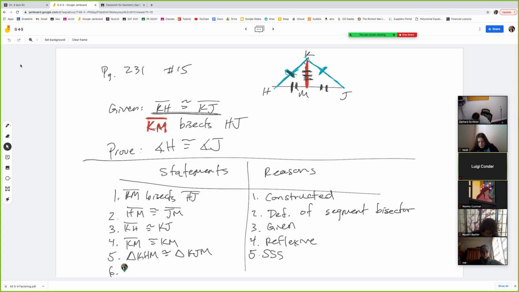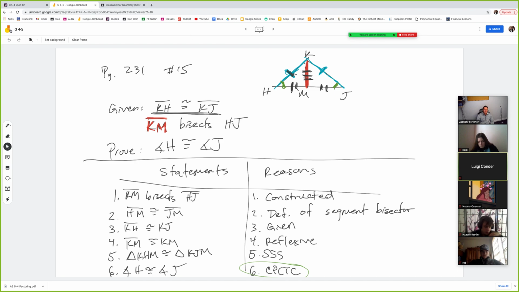So you can say angle H is congruent to angle J because of CPCTC, congruent parts of congruent triangles are congruent.